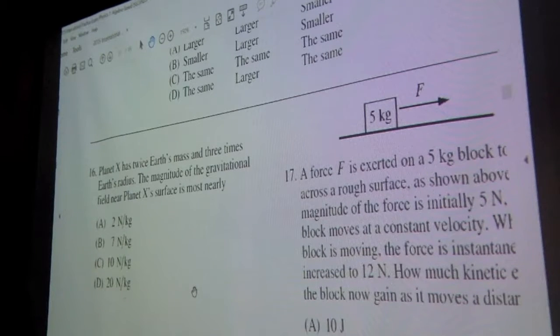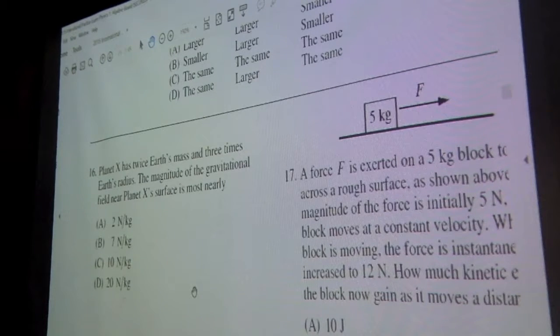Finally you end up getting gE over gX equals 9 over 2. So what is gX? It'll be 2 gE over 9. And gE is 10. So 2 times 10 over 9, which is close to 2. You get it? This is showing it algebraically.